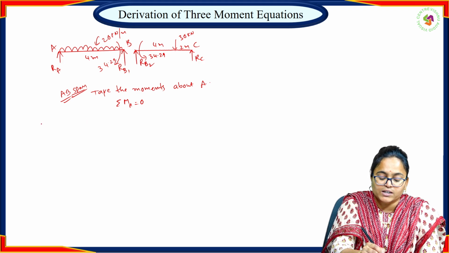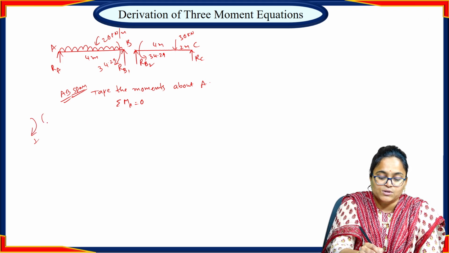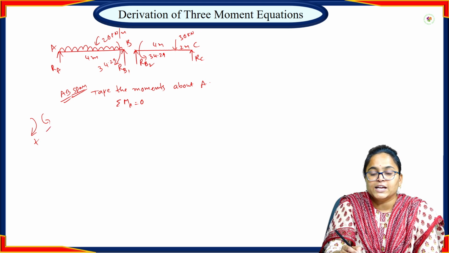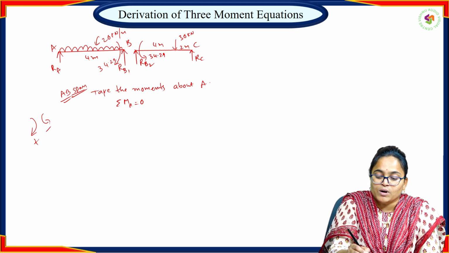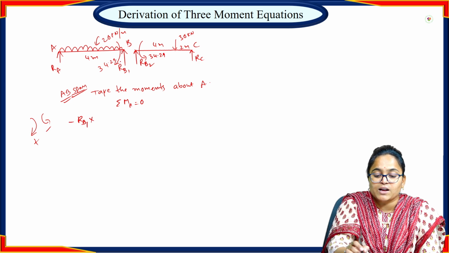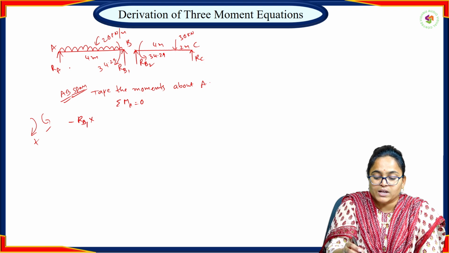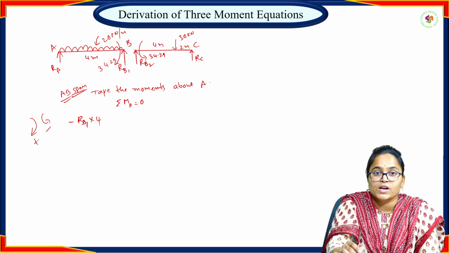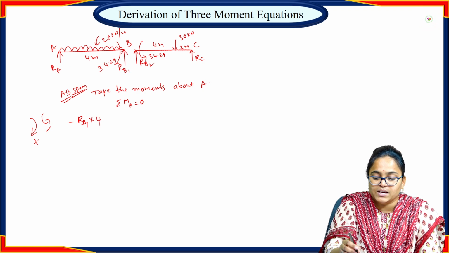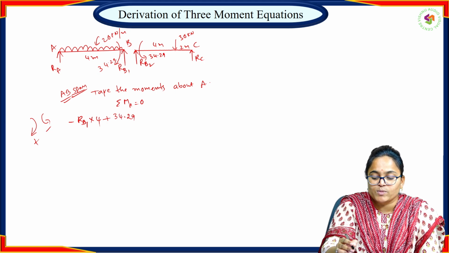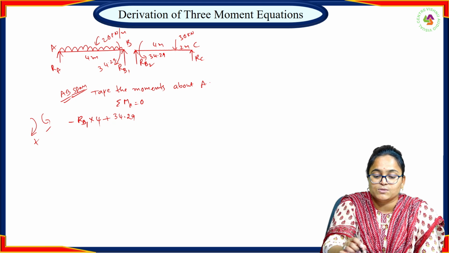So we are taking clockwise as positive, anti-clockwise as negative. So due to RB1, that is minus RB1 into perpendicular distance between RB1 and support A, that is 4 meters, and we have clockwise moment at B, that is plus 34.29. This is already a clockwise moment, so that's why we are taking it as positive, and we have UDL on AB span.